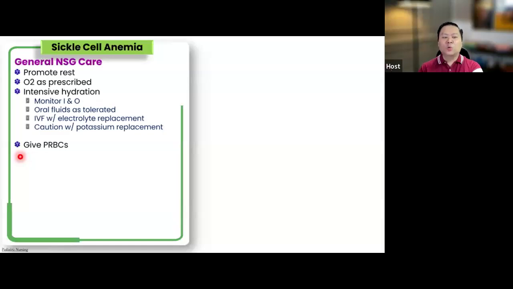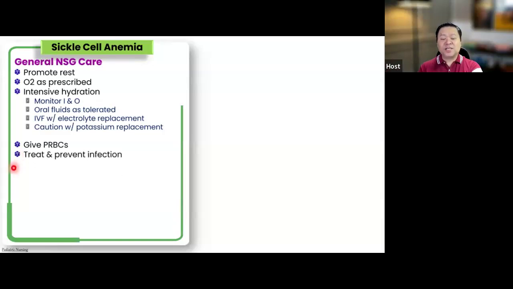Of course, we got to make sure that we are assessing the vital signs before we initiate the transfusion, during the transfusion, and after the transfusion, and also monitoring the patient for possible delayed transfusion reactions. So you got to be careful in this therapy or treatment.